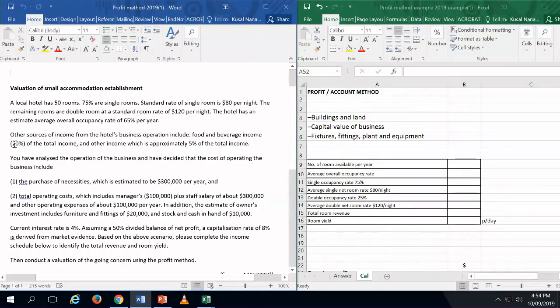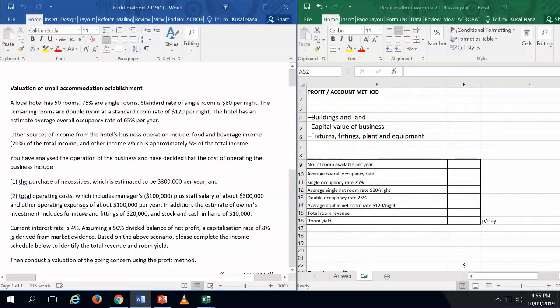You have analyzed the operation of the business and have decided that the cost of operating the business includes the purchase of necessities, which is estimated to be $300,000 per year, and total operating cost, which includes manager's salary $100,000 plus staff salary of about $300,000, and altogether is $400,000.